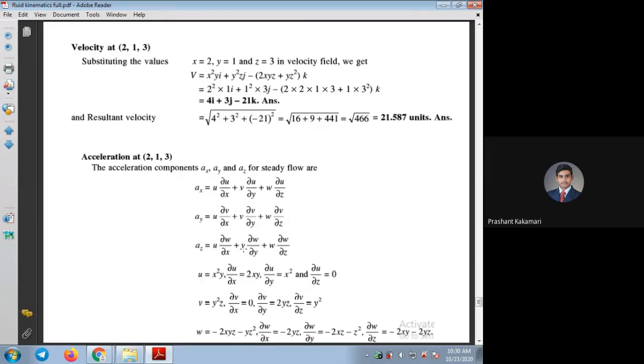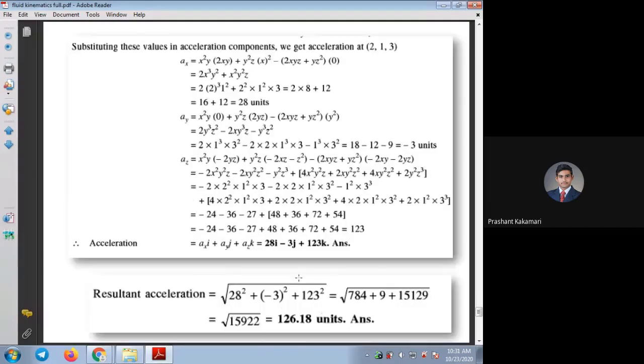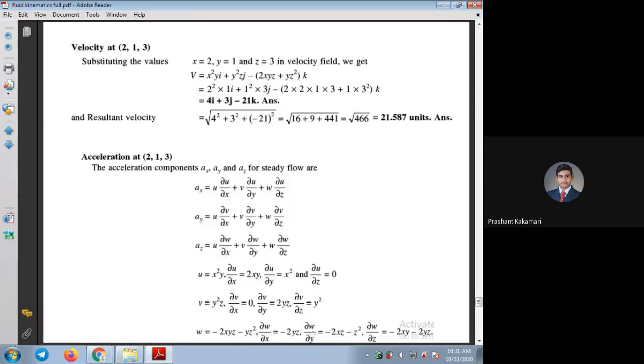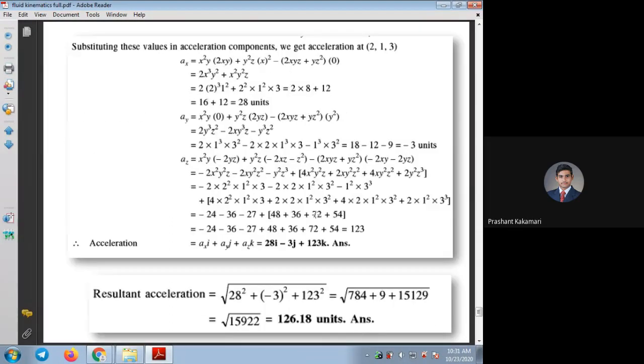AZ, V into dou W by dou Y. So dou W by dou Y, minus 2xz, you have taken correctly, minus y square z, the v value, dou W by dou Y. Dou W by dou Y is here, minus 2xz minus z square.